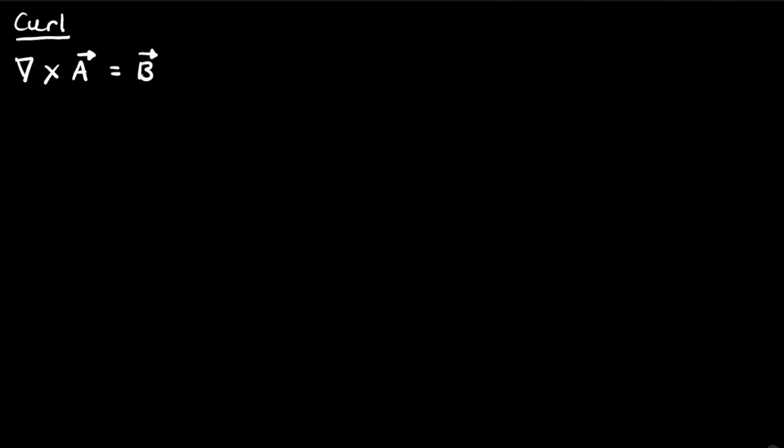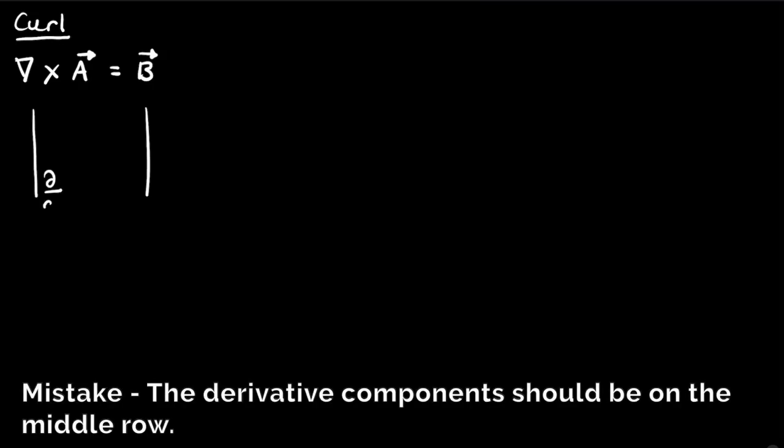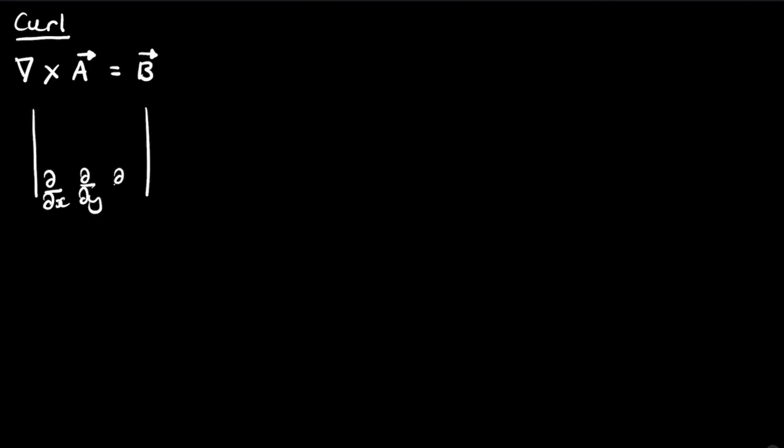So how do we do it with cross products? It's the whole determinant thing again, but instead of having two components, we replace one of the rows with the components of the del operator. So it's going to be d by dx, d by dy, and d by dz along this row. Then you're going to have the components of A, which are A_x, A_y, and A_z.